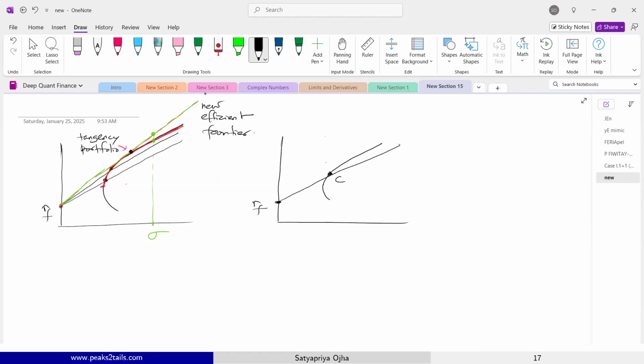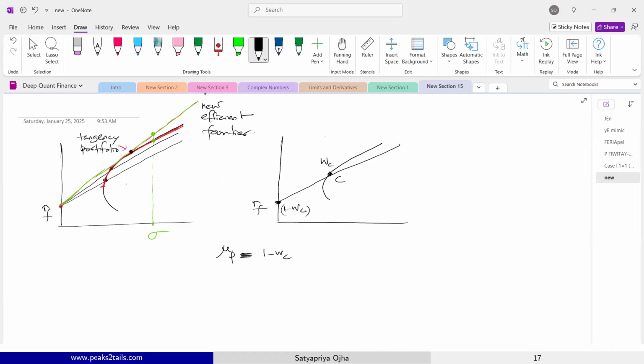What is the slope of this line? Very easy. Let's say the weight invested in C is WC. Weight invested in the risk-free asset is 1 minus WC.